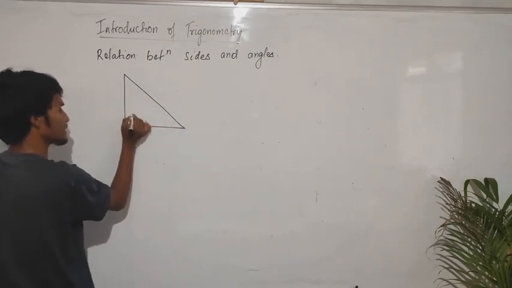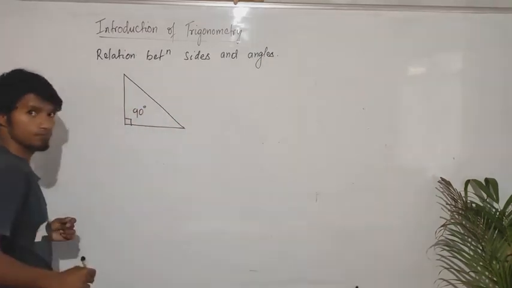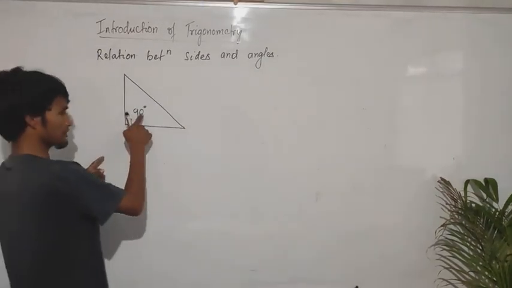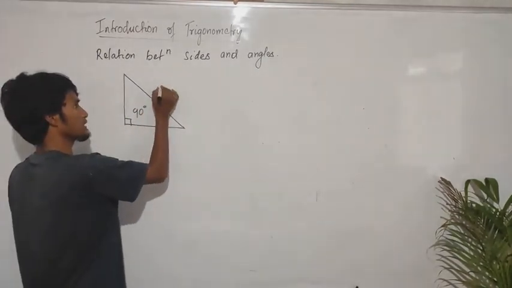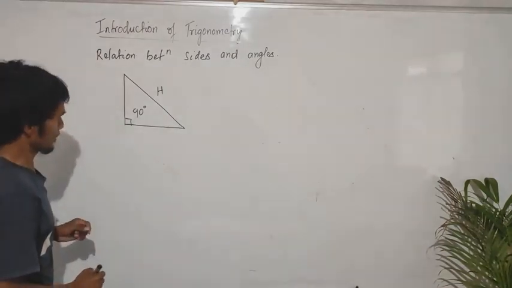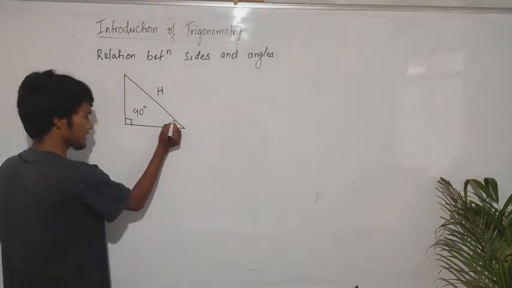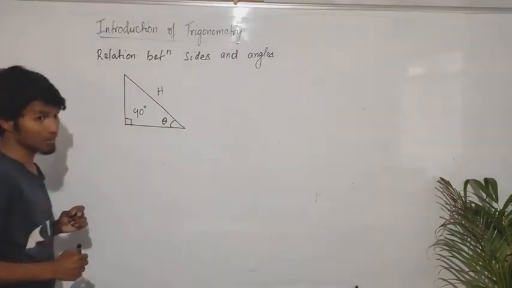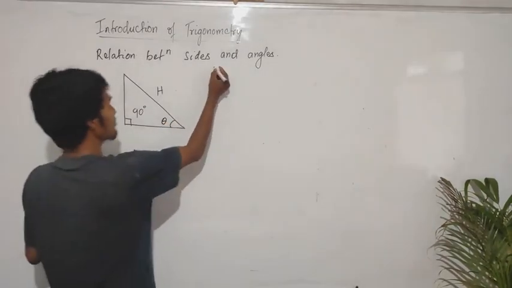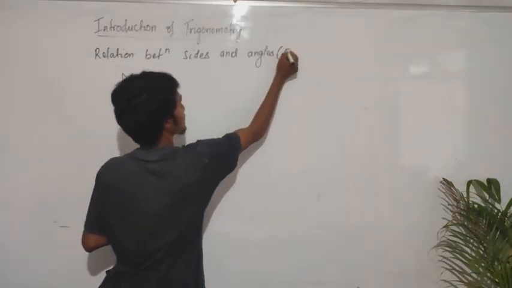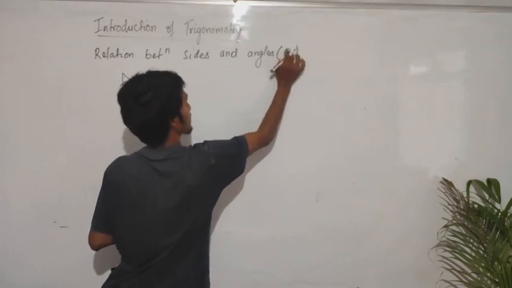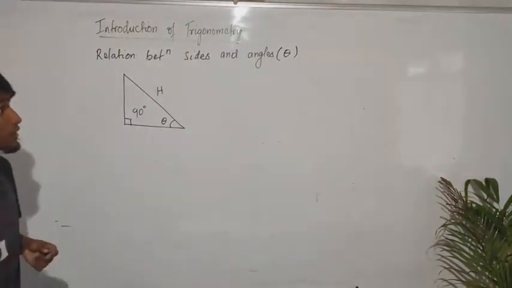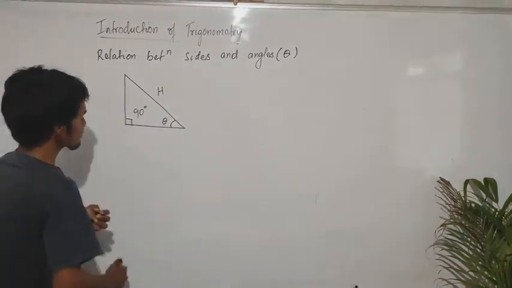Again here is a 90 degree. Now obviously when there is a 90 degree here, then this will be the hypotenuse. Now we consider this one as the angle. Okay, an angle is denoted with the symbol theta generally, or sometimes with ABC alphabet.